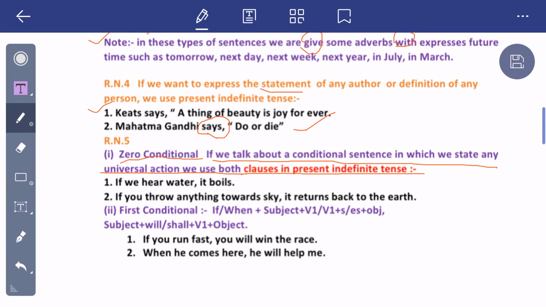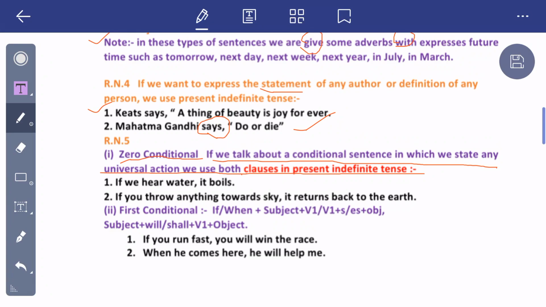When our classes started on the Zoom app, or before, I was giving you some assignments on conditionals in which the zero conditional is given. If you have any query, you can look at those again. So in a zero conditional sentence in which we state any universal action, we use both clauses in present indefinite tense.